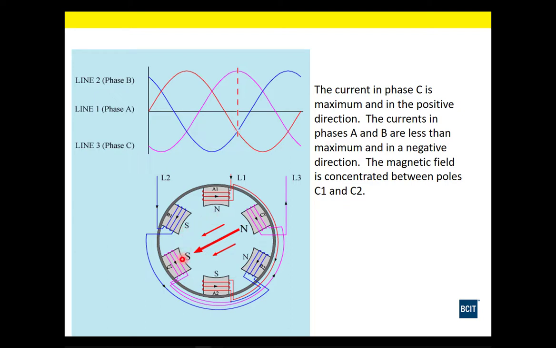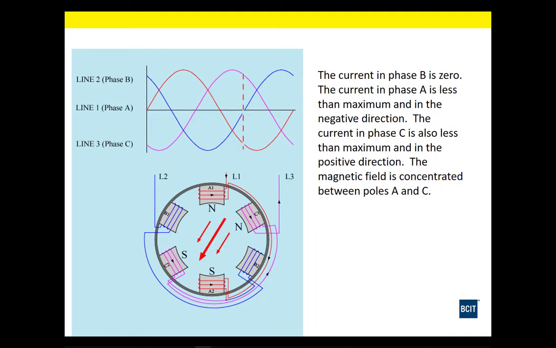The peaking phase is going to have the stronger pole strength compared to the other two, which have a weaker pole strength. So if you notice, and I'll go back and replay it, you can see the shifting of that north pole is starting to do a rotation. The next increment, it shifts again.